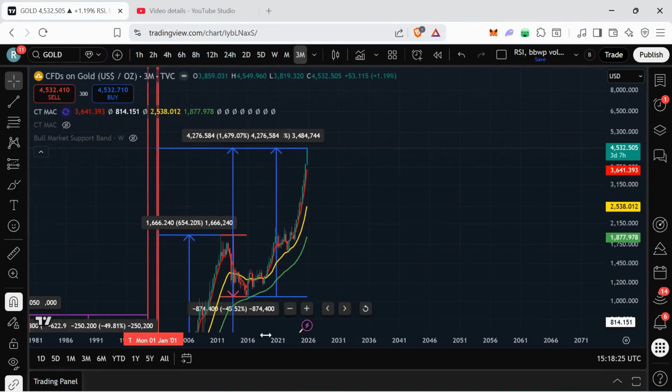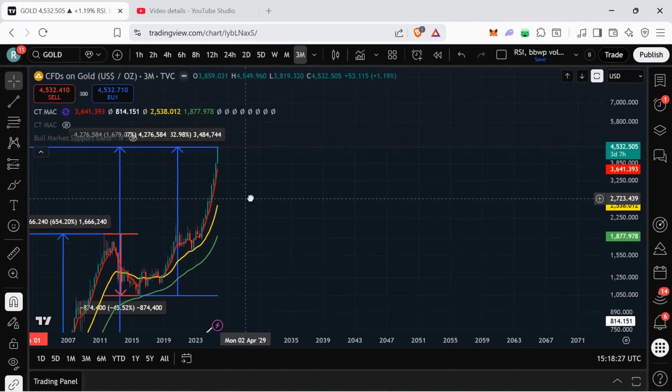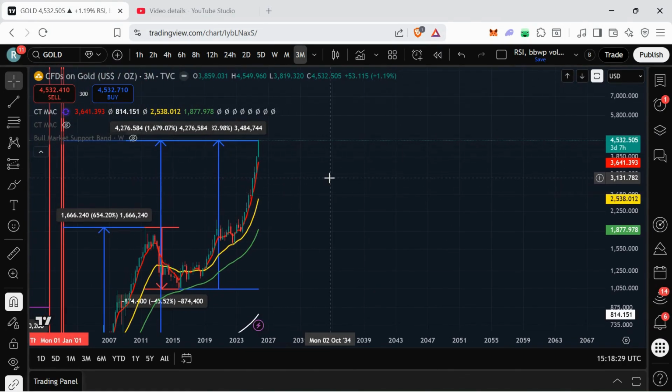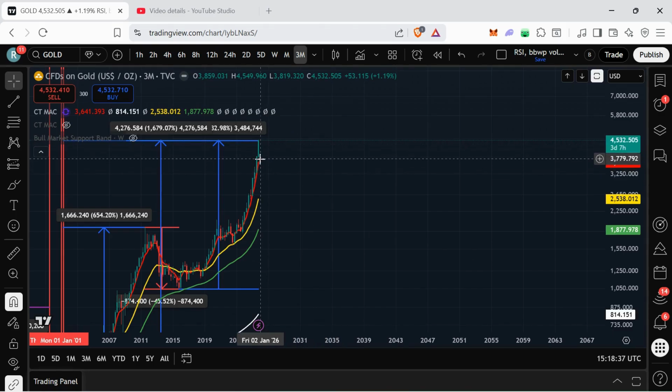As you can see here on the quarterly chart, unless it has a catastrophic failure and goes completely in the opposite direction within the next 3 days, gold at some point is going to want to reconnect with this red moving average. This is the 5 EMA.